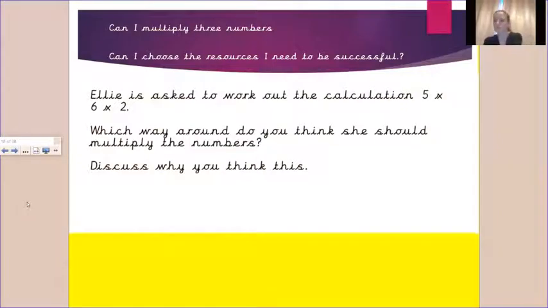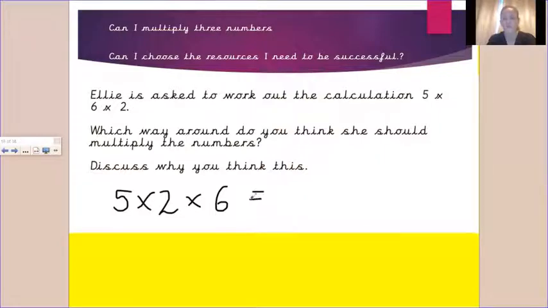Okay, hopefully you've worked that out. If I have a look at these numbers, I can see, using my multiplication knowledge, that we've got 5 times by 6 times by 2. Okay, we know that the easiest times table to work with is 10, and I know that 5 times by 2 will give me 10. So if I say 5 times by 2 times by 6, because we need all 3 numbers, that's the way I'm going to work it out.